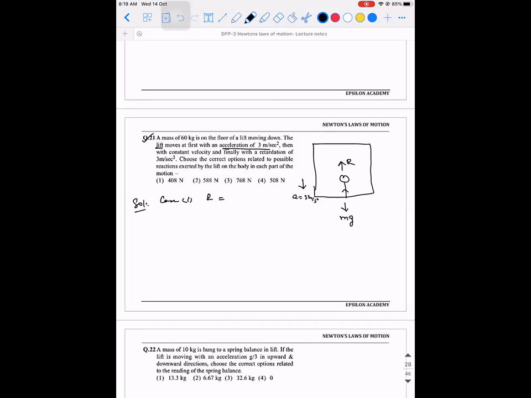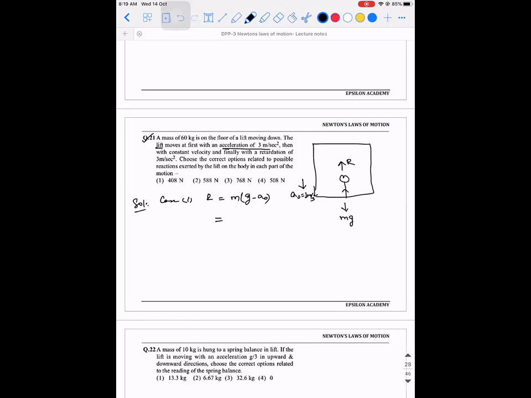So in the first case, the lift is accelerating in which direction, guys? Downward. So when the lift is moving in downward direction, think of your giant wheel. When you move in downward direction, will your weight decrease or increase? You'd feel as if you're floating. Decrease. So m into g minus a naught.